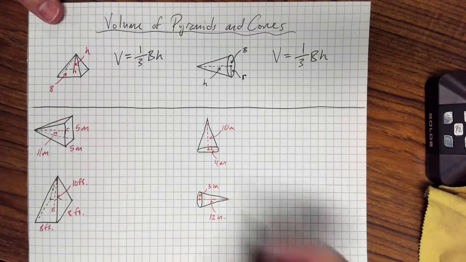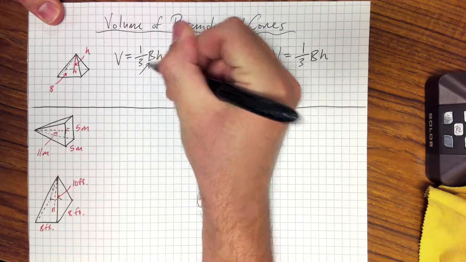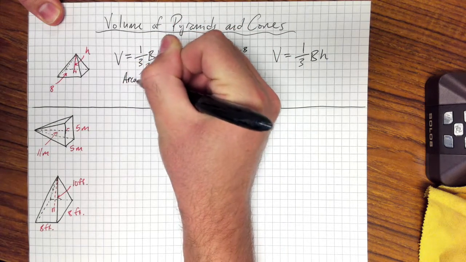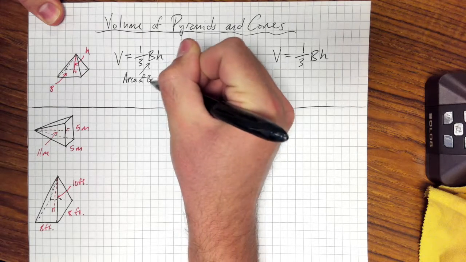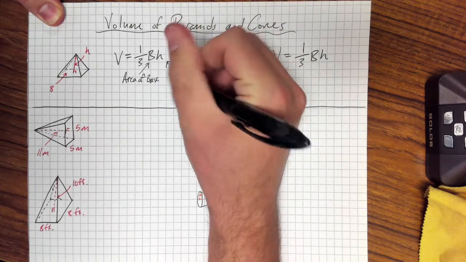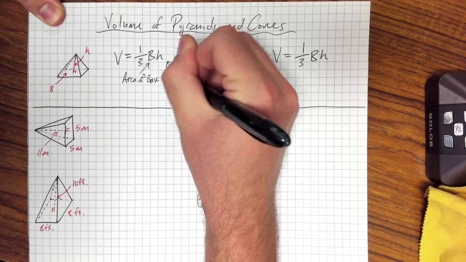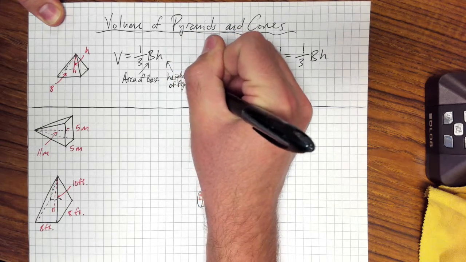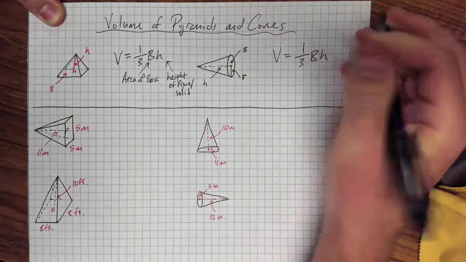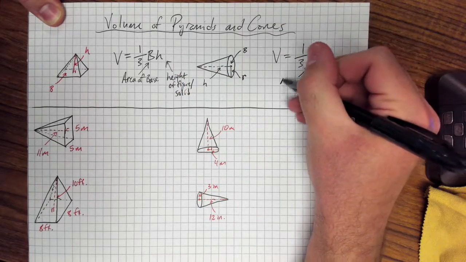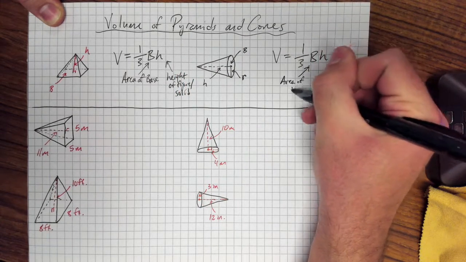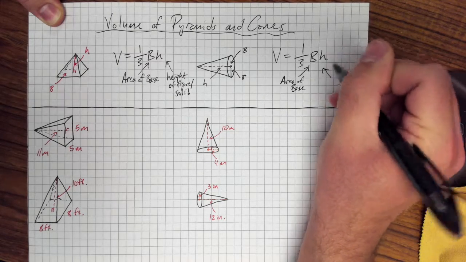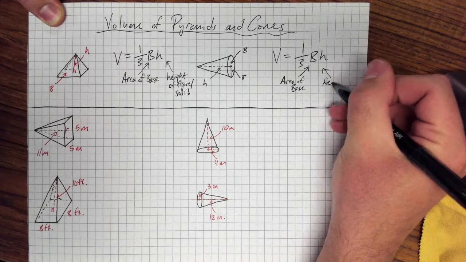So, what I mean by that is this. For B, area of the base, h is height of the solid or the figure. Same thing over here, area of the base, h is height of the figure, solid.